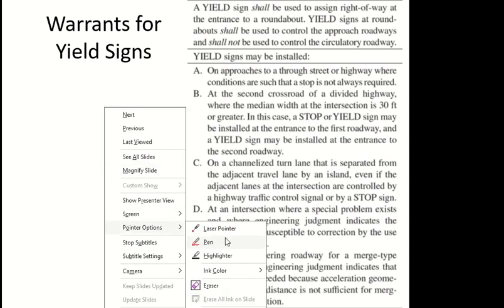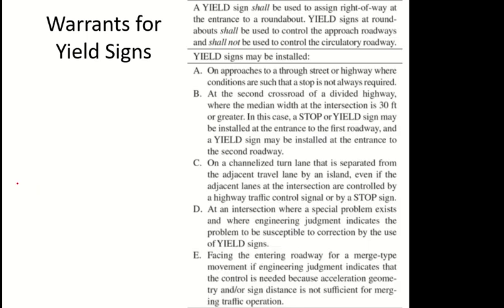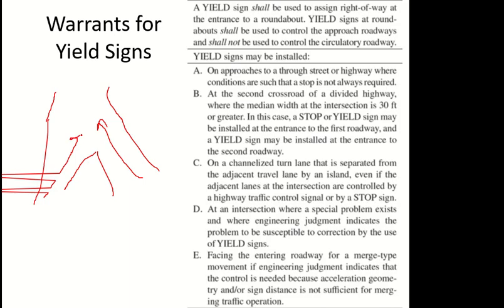A merge movement is similar to the right turn, but it is something like this. There is one highway and it's happening in this way. People are coming from here, people are coming from here as well. So this is merge. So you may give one of them a yield sign.